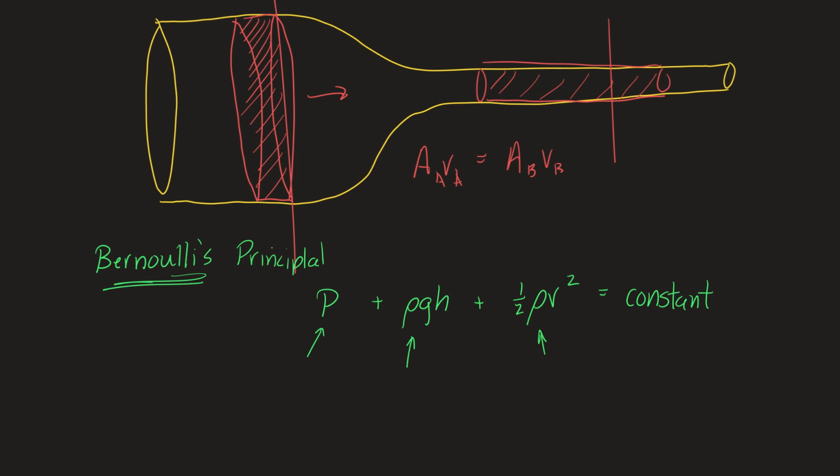Now you can clearly see that these things look like kinetic energy, right? 1/2 rho v squared. It's not exactly kinetic energy because it's density, not mass, but we're talking about a fluid, so there's reason to use rho instead of m. But this is an expression of kinetic energy. This is an expression of gravitational potential energy, and this is just the pressure, what we're going to call the internal pressure of the fluid.